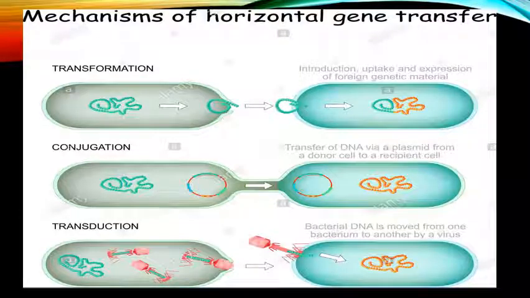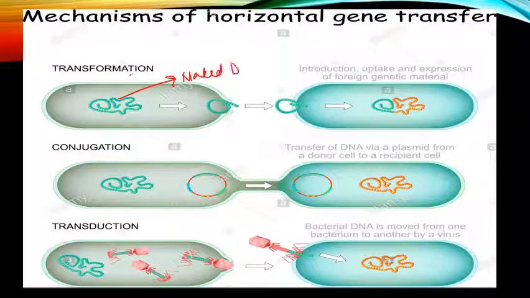Whatever we have done on bacterial sexual reproduction, this is the brief summary slide. Here you see transformation. Transformation is the uptake of naked DNA from the environment. Here I have shown a cell, but mainly it is naked DNA.